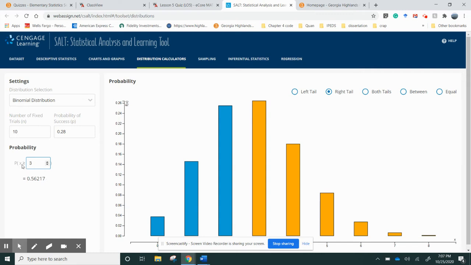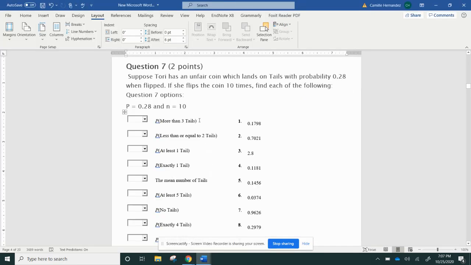If you see here, x is greater than or equal to 3. That's not correct. So I need to go to 4, and that gives me the correct answer. Why did I do that? Because greater than 3 means I cannot include 3. So then I'm going to put this answer right there.